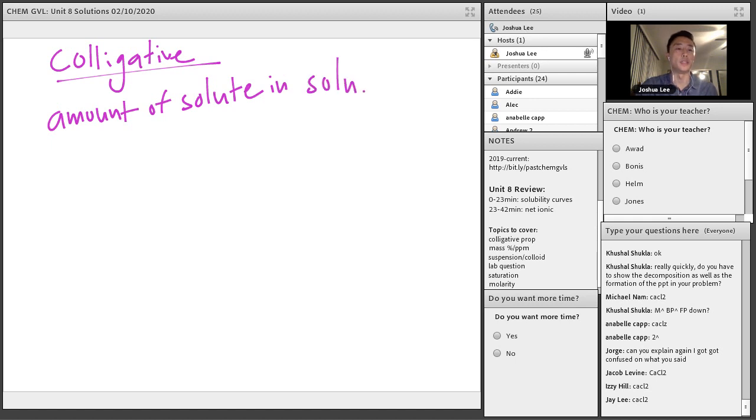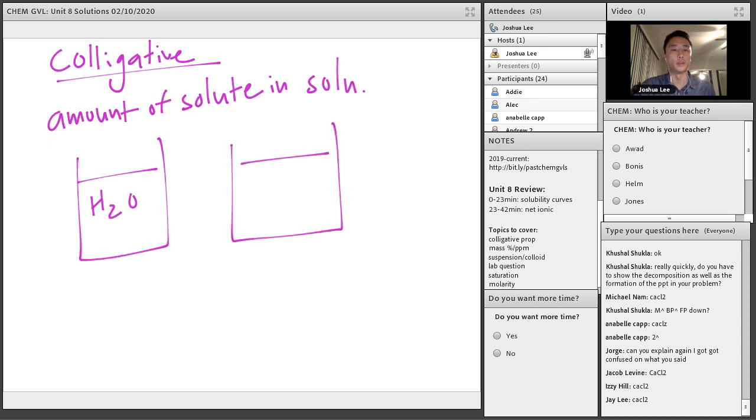What happens is you have a beaker of just pure water versus a beaker with water and salt. Na plus floating around, Cl minus, Na positive, like that.